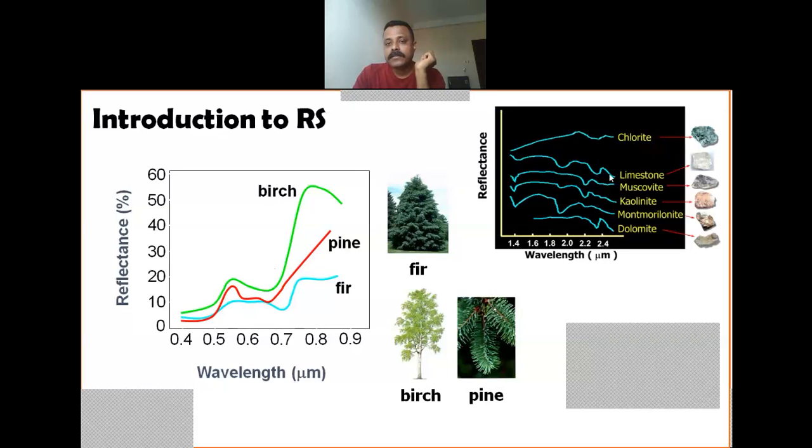If you get a response or a reflectance pattern that is coming from another kind of stone that follows this, you can be sure that this is a limestone. Or if it has a particular signature like this, it may be a muscovite or a dolomite.